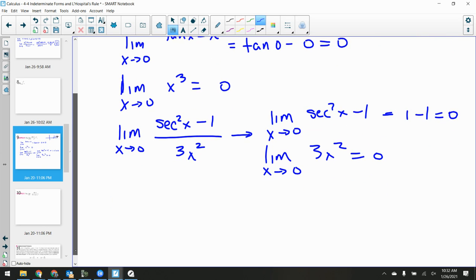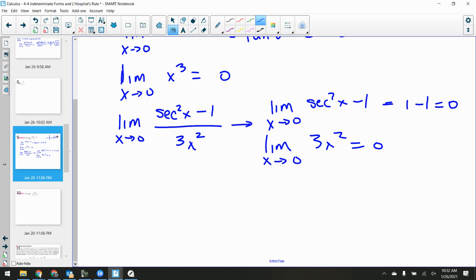Okay, so this gets a little bit more difficult. We want to find the limit as x goes to 0 of, okay, we got to find the derivative of secant squared. The derivative of secant squared is, well, the derivative of secant is secant x tangent x. So it's 2 secant squared x tangent x.